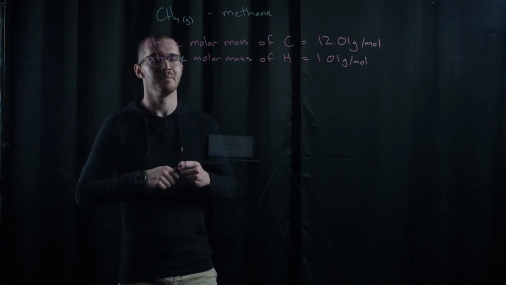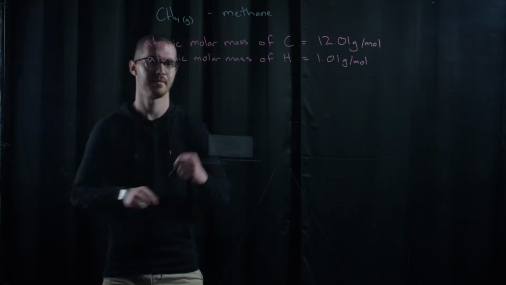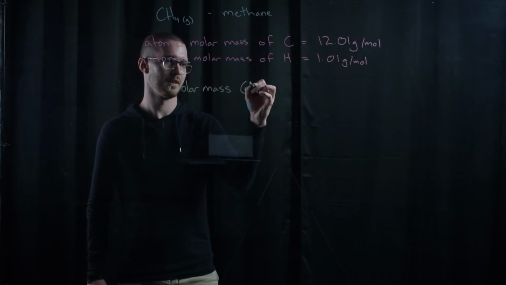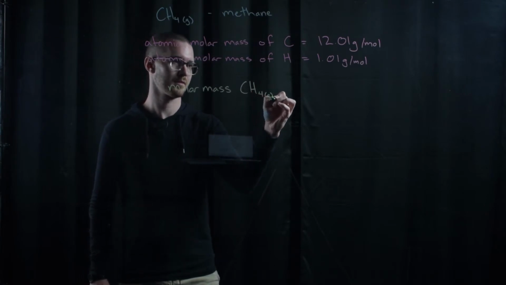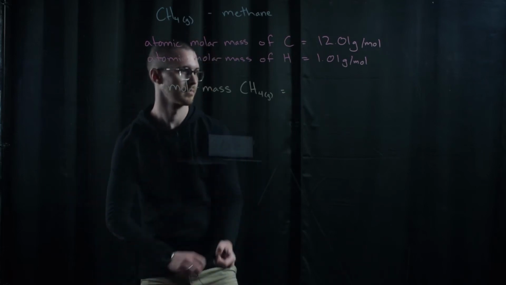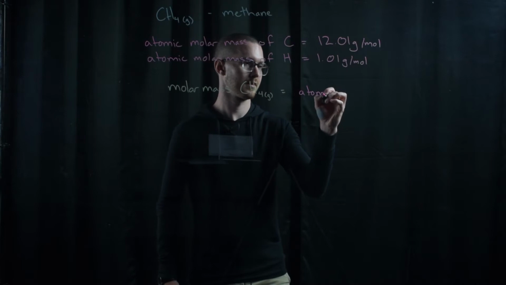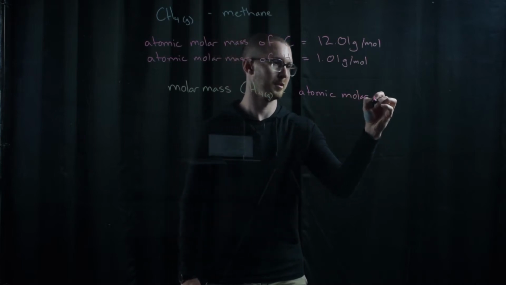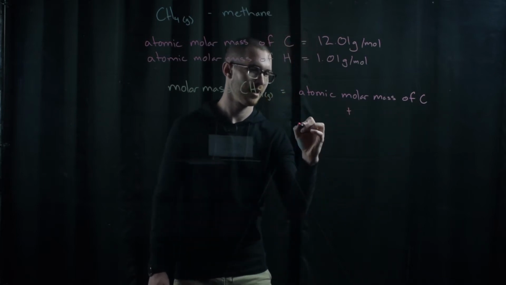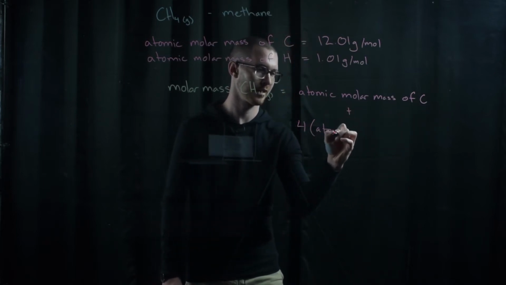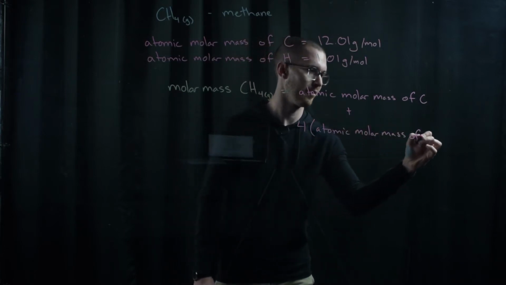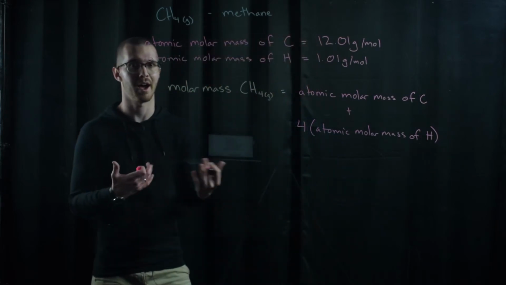And so the molar mass of methane is going to be equal to the atomic molar mass of carbon plus 4 times the atomic molar mass of hydrogen, because we have 4 hydrogens involved.